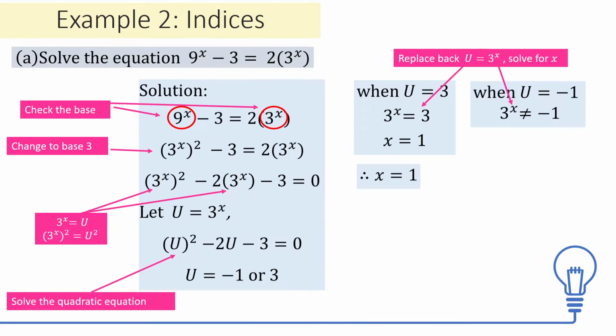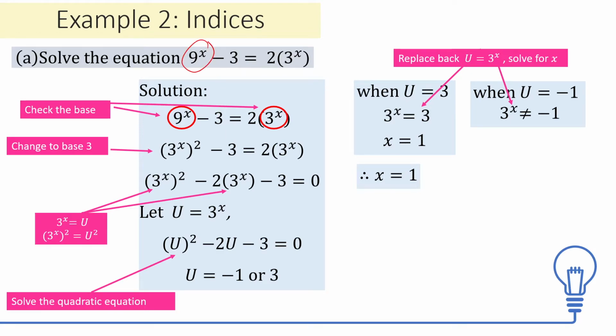Now we go to the second type of question. When you look, it is quite similar to our previous question, but the previous question didn't lead to a quadratic, while this one leads you to a quadratic.